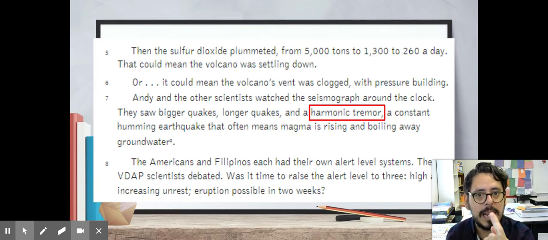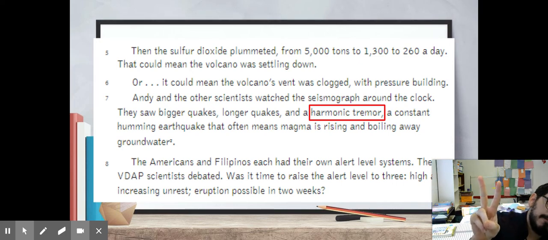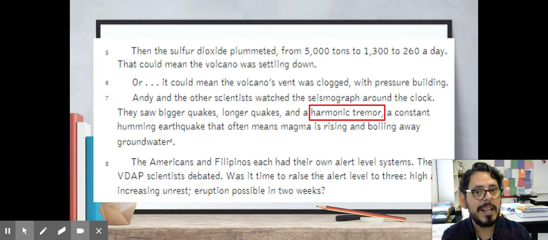Now that you know the same word that I have, pause the video again and try to find the meaning. You have to figure out how. Okay, so if you found out that harmonic tremor is kind of like an earthquake, you're absolutely correct. But let's see the actual definition of it. It's right here, like I said.